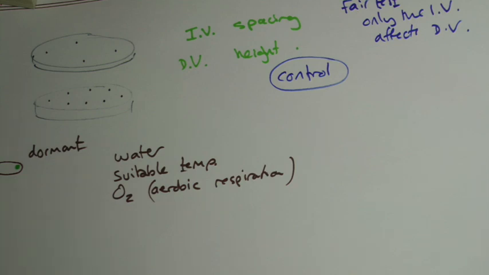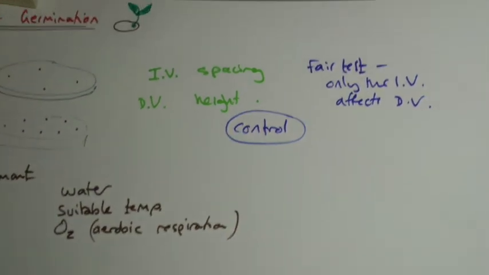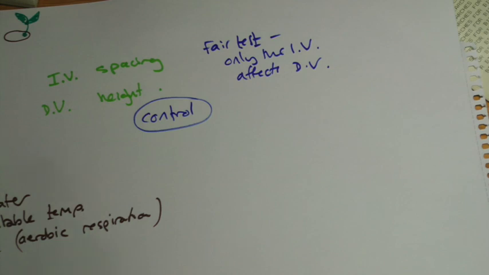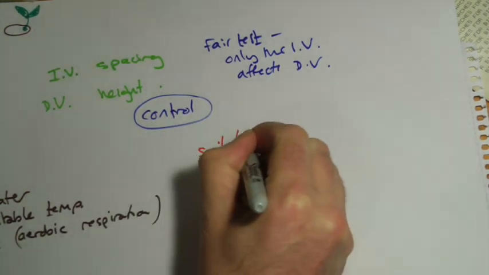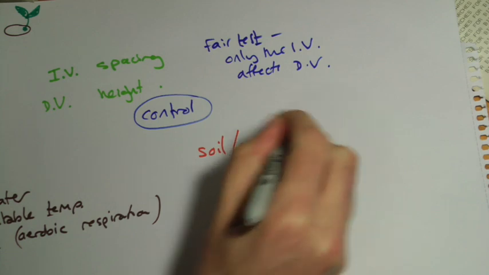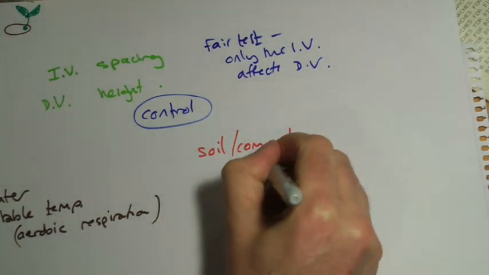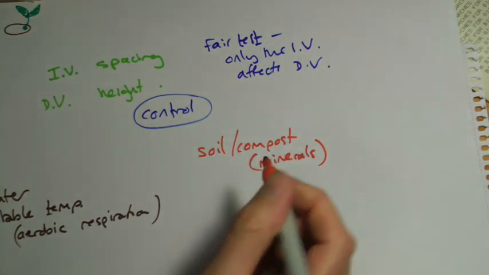Now, there are a couple of other things that we can't really control but are worth mentioning. If instead of a paper towel or cotton wool to hold the water, we use soil or compost, which would contain, here's a useful word, minerals, things like magnesium, nitrates.